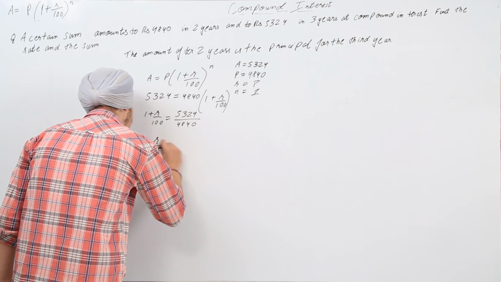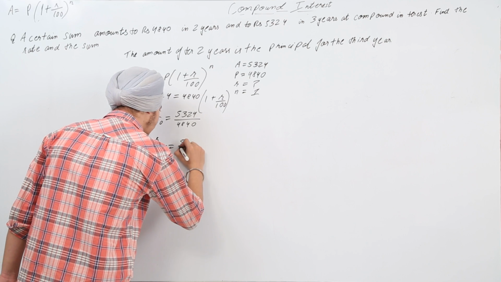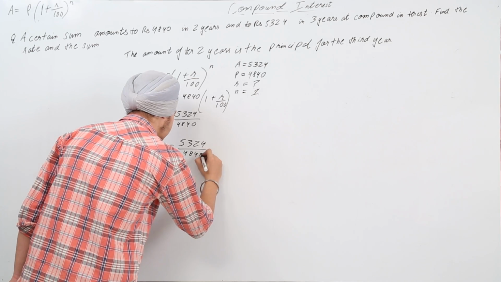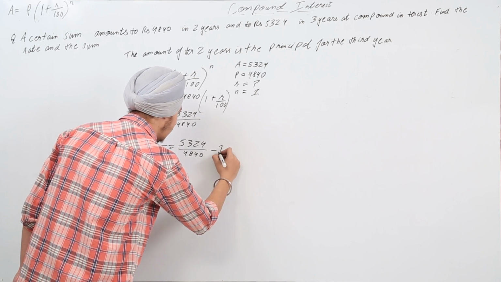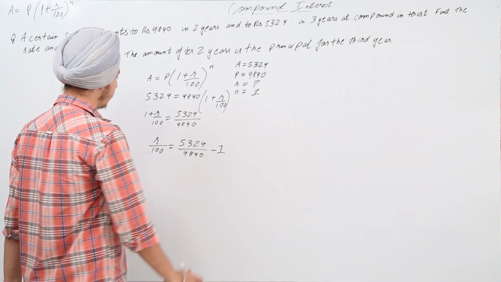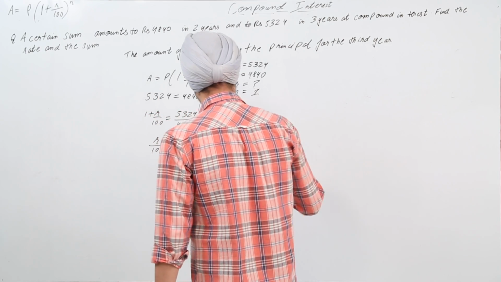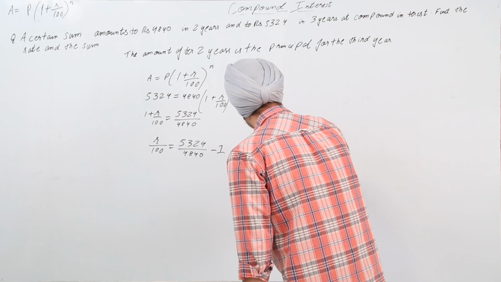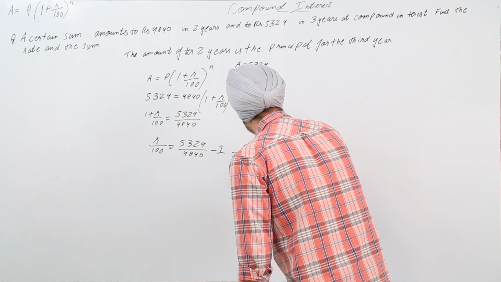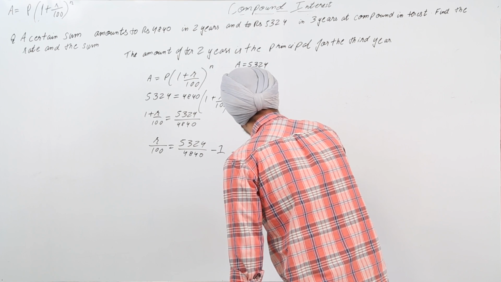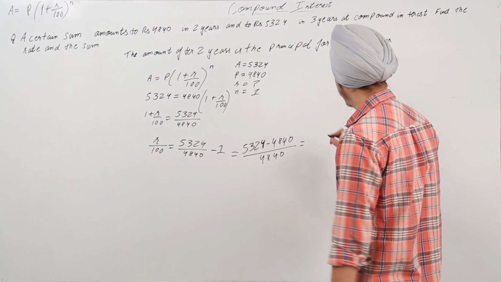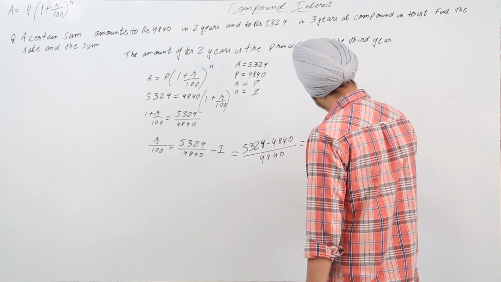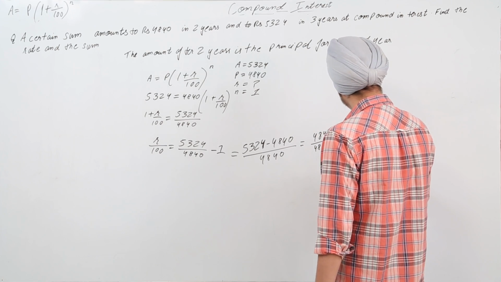So r upon 100 is equal to 5324 upon 4840 minus 1, which comes out to be equal to 5324 minus 4840 upon 4840, which comes out to be 484 upon 4840, which is equal to 1 by 10.